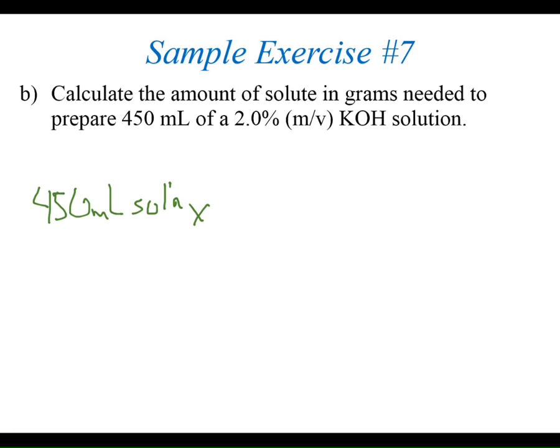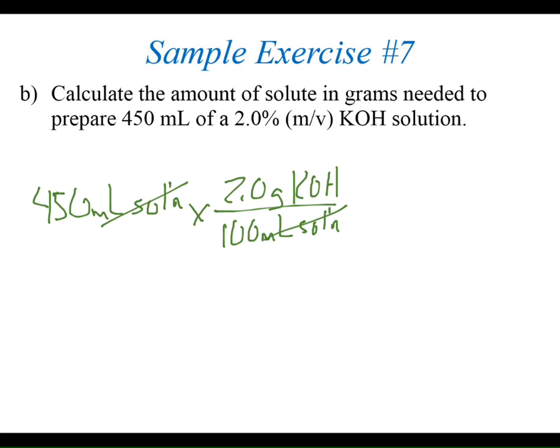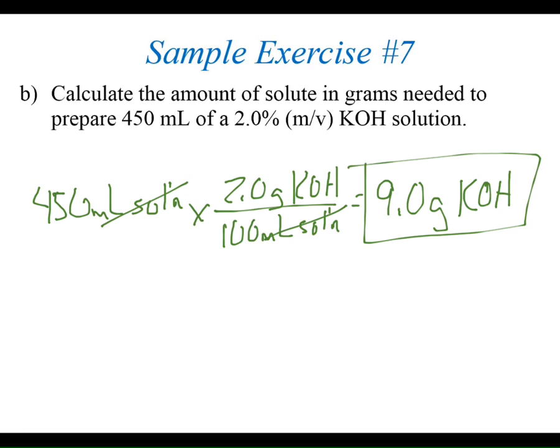And 2% means 2.0 grams of the solute, in our case that's KOH, over 100 milliliters of the total solution. So that's 9.0. There you go. That's how much KOH you would have to use to make sure it was 2%.